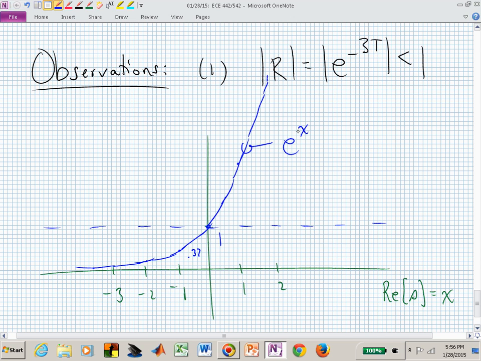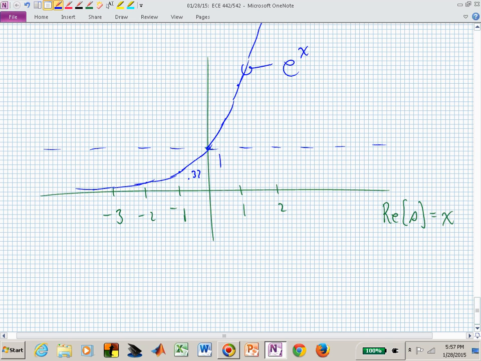That's e to the x. That's our exponential shape. And we would like e to the x always to be, if it's stable, less than 1. That's going to happen as long as our real value of s is negative. And that's what this curve is trying to maybe show you. Here is our negative exponent.